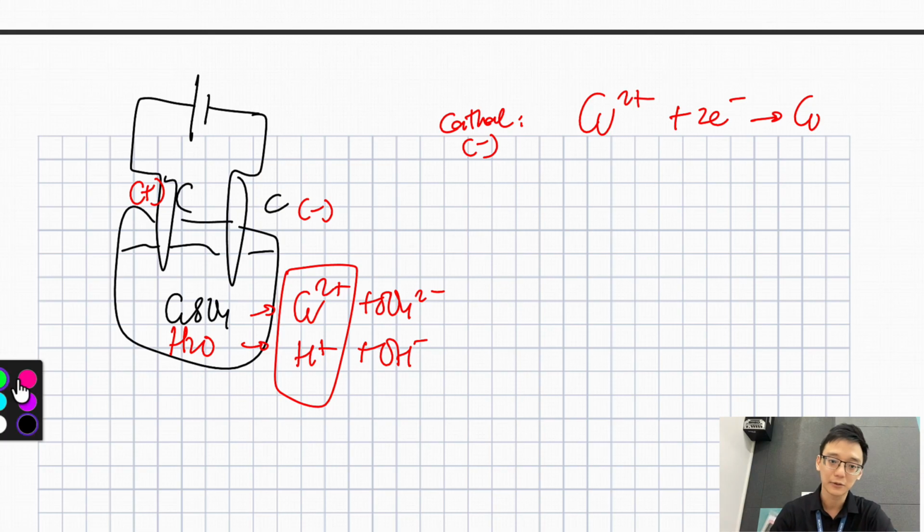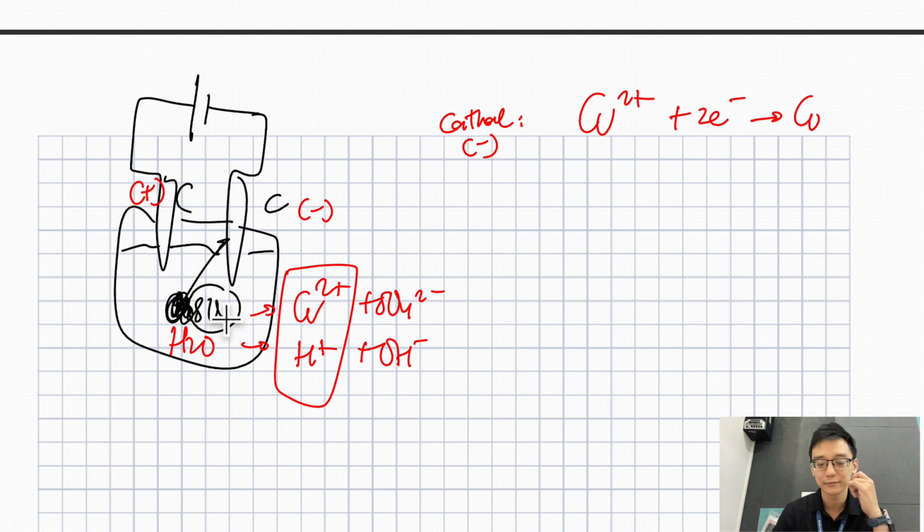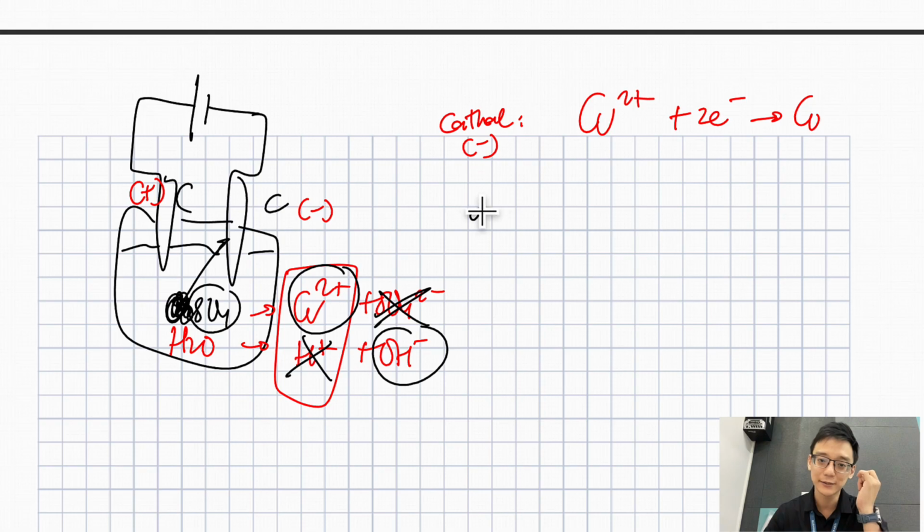What about at the anode? Now, because the copper ion is already going to the cathode, SO4 remains here. So now we have to judge whether SO4 is a halogen or not. It's not a halogen. Because it's not a halogen, it does not have a place at the anode. It will also lose. So OH- will be oxidized.